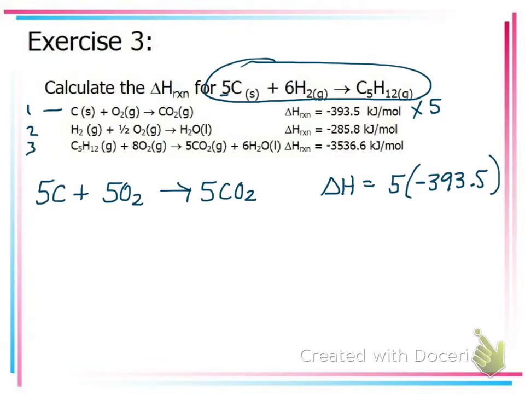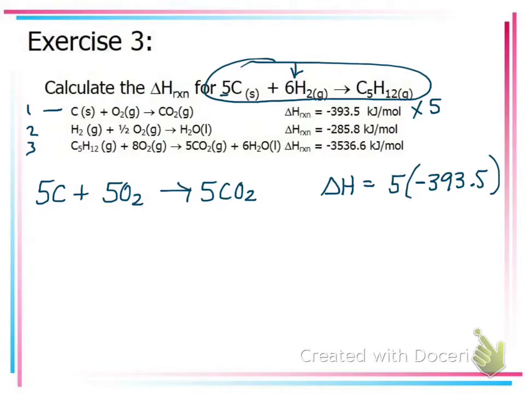Okay, and then I look at my next equation, and I have hydrogen on the reactant side. So I'm going to need hydrogen to stay where it's at. I'm not going to need to reverse it, but I need 6 hydrogen, and I only have 1. I quickly look at the other equations and make sure there's not going to be some hydrogen I can get somewhere else.